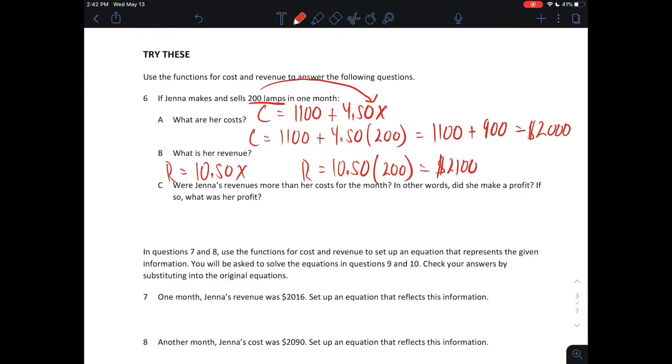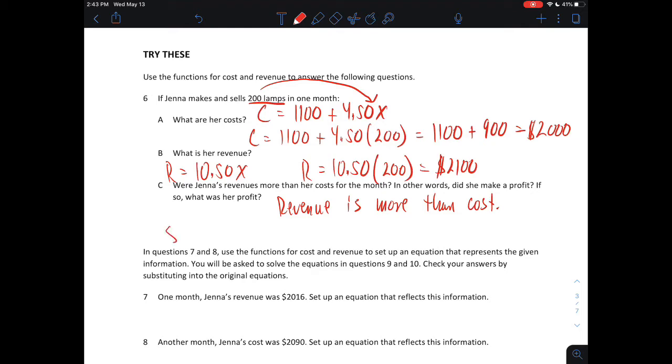Part C, were Jenna's revenues more than her costs for the month? Yes. What we got for revenue, $2,100, is more than $2,000 for costs. So revenue is more than cost. So did she make a profit?